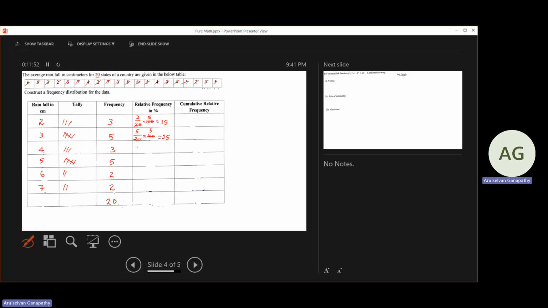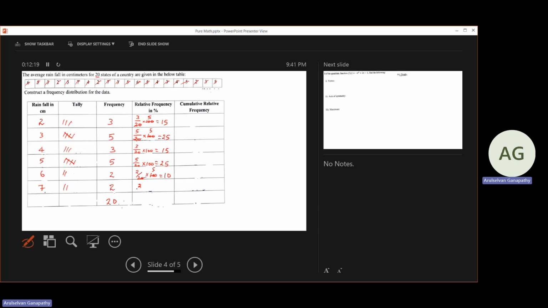Same way we have to do for all. So 3 by 20 times 100. Already we got here, that is 15. So 5 by 20 times 100, which we got here, that is 25. 2 by 20 times 100, which is 2 times 5, 10.